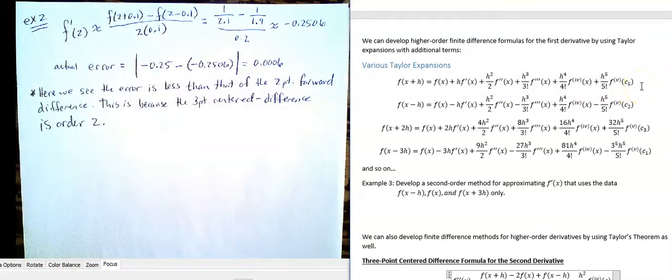So if, say, we wanted an order 4, we would need to go out to 5 terms and do the same kind of analysis we just did. So here is f of x minus h out to 5 terms. Here's f of x plus 2h. So instead of having just h at each of these values, we would have 2h and 2h squared, 2h to the third, 4h to the third, 5h.